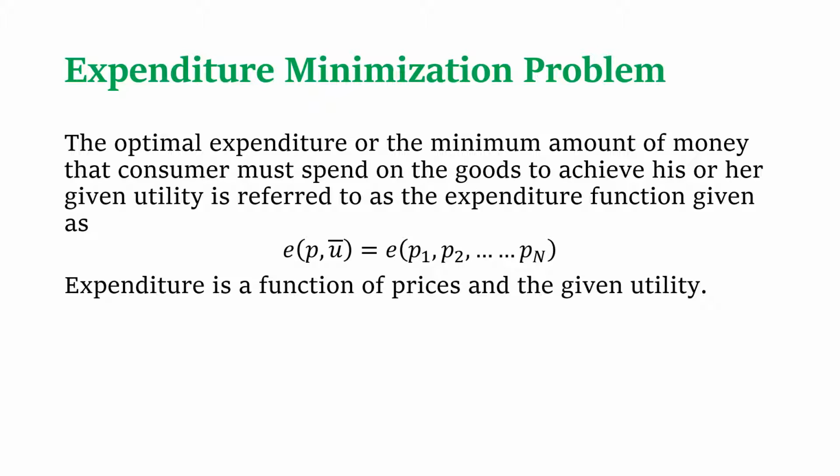And then for the utility maximization problem, if we substitute all those Marshallian demand functions, or the optimal values, into the constraint, which is the budget constraint, we are going to obtain the indirect utility function. Okay? We're going to obtain the indirect utility function.